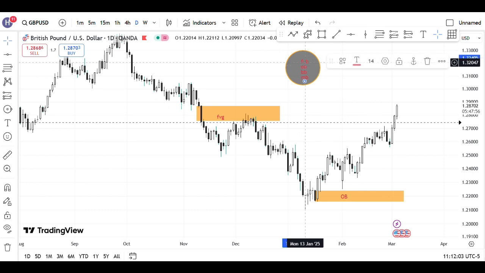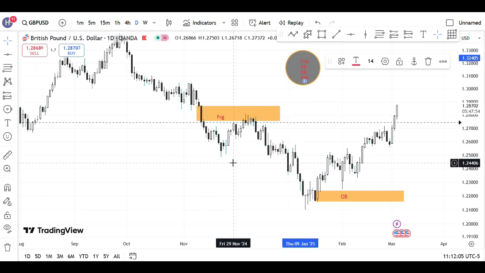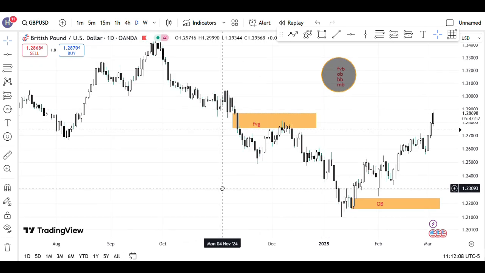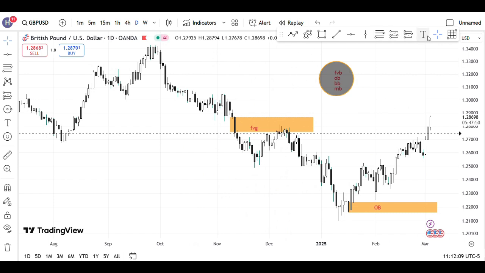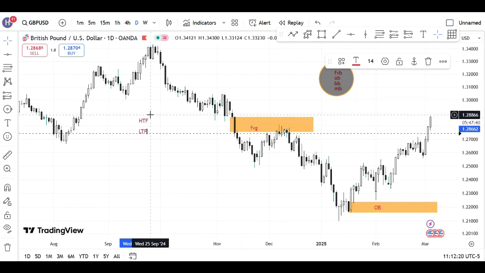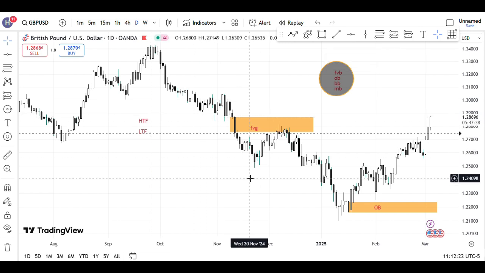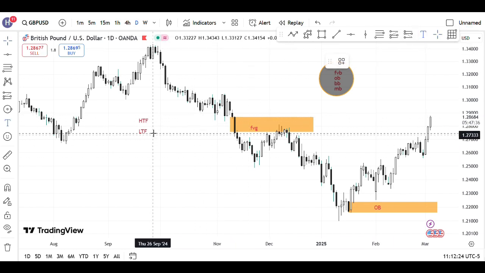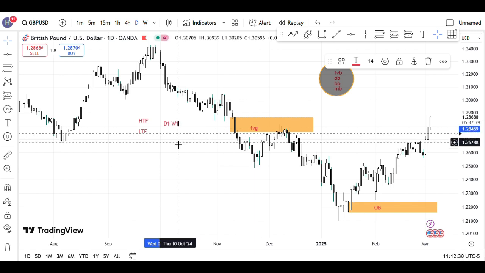Now I will move the time scales. In forex we talk about HTF, high time frame, and LTF, low time frames. High time frames are the daily candle D1 or weekly W1.